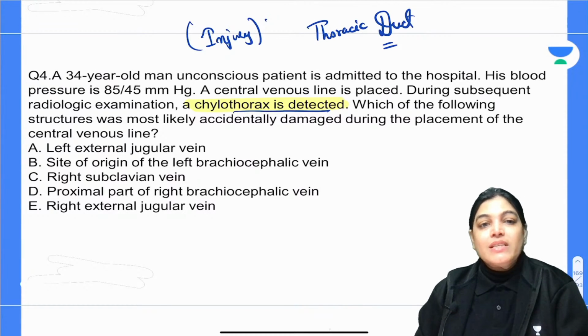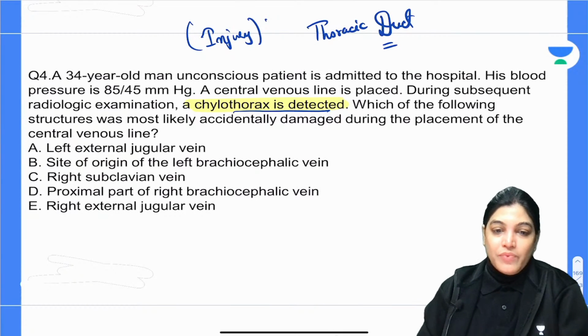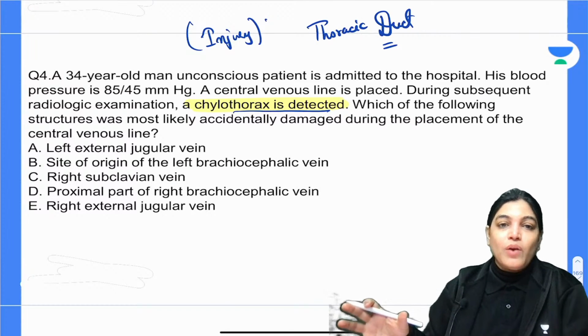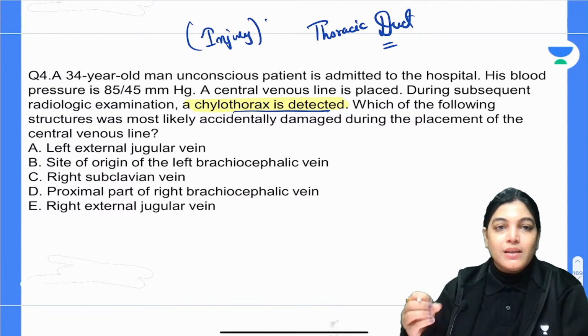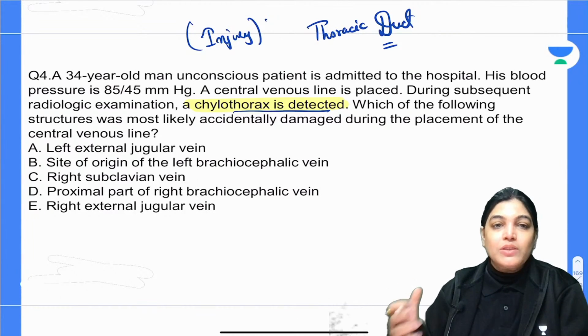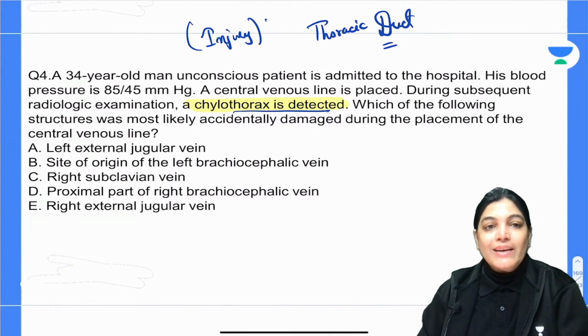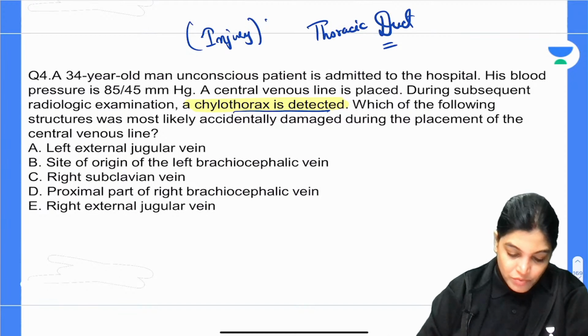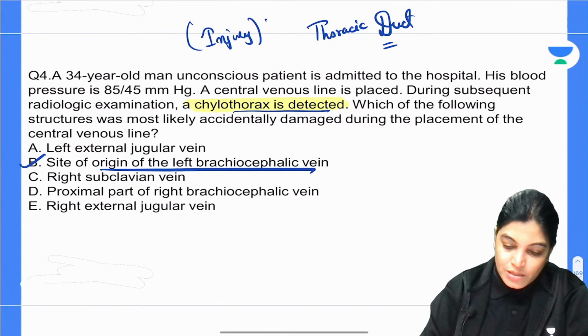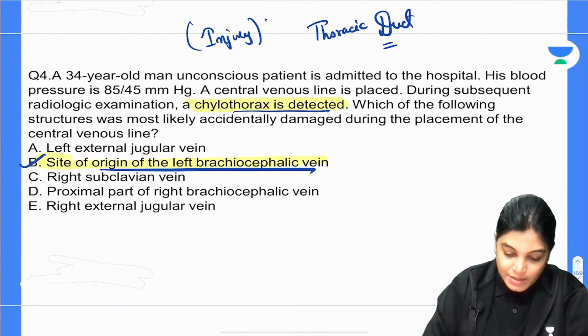The best structure which is lying close to it is the left brachiocephalic vein. The left brachiocephalic vein has its origin there, and its two important tributaries are the left subclavian and left internal jugular vein. So we will go with B as the correct answer.